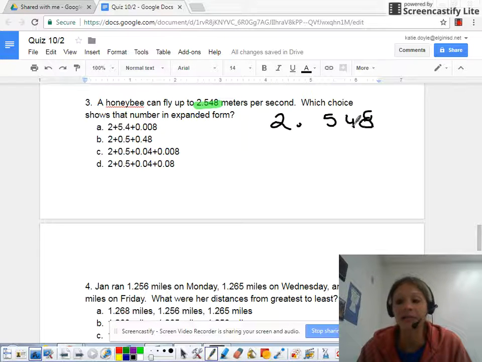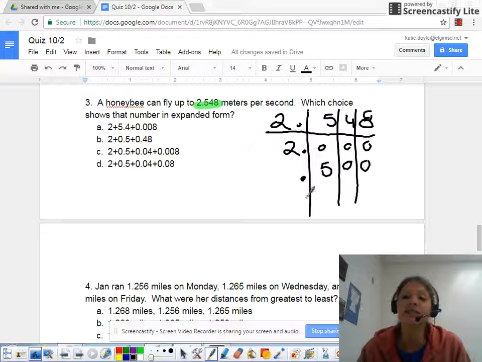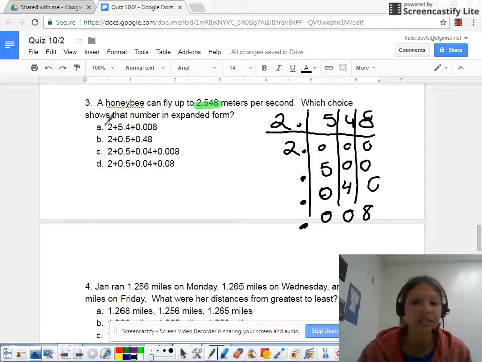The way I like to do it is I draw my line straight down. So I have 2, decimal point 0, 0, 0, 5, 0, 0, 0, 4, 0, 8. And you're going to look and see which one matches.